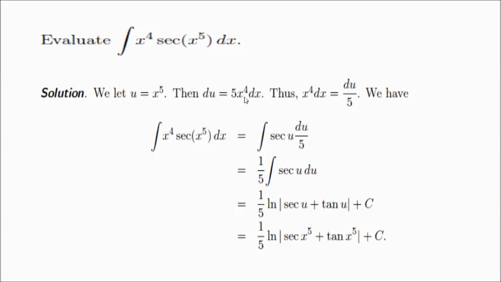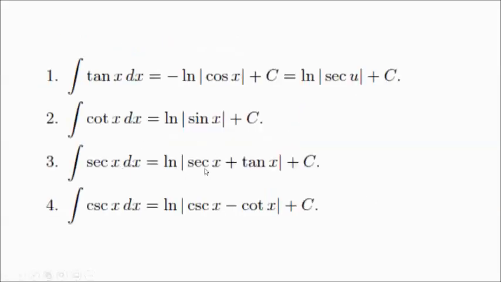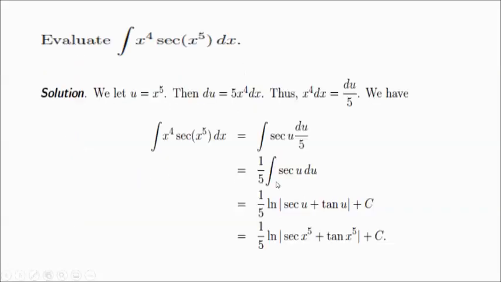And then kapag inayos to get yung x4 dx, that is du over 5. And then kapag inayos siya, so maging secant u du over 5. So meron siyang constant, 1 over 5. Secant u. So from the formula class, so you can use this secant u du.